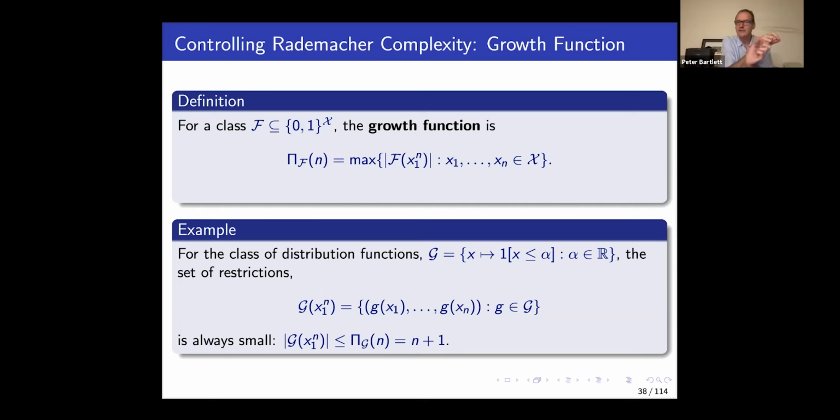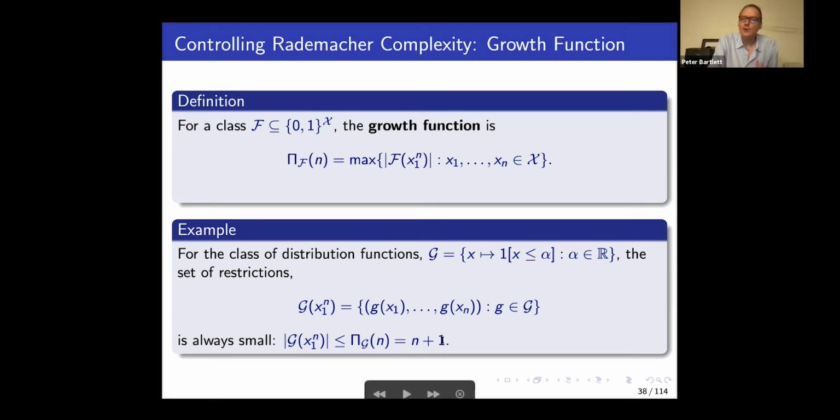For that alpha, we get an all 0 pattern. As we move the alpha up and consider different g's, we're going to have one of those values change to 1 and the rest will be 0. As we move it up past the second one, we're going to have 2 of them 1 and the rest 0, and so on. So you can see, we only have n distinct transitions from the all zeros, through a bunch of initial ones and the rest zeros, up to the all ones. There are n transitions across that range, so only n plus 1 possible patterns of values that we can get. The growth function in that case is just n plus 1.